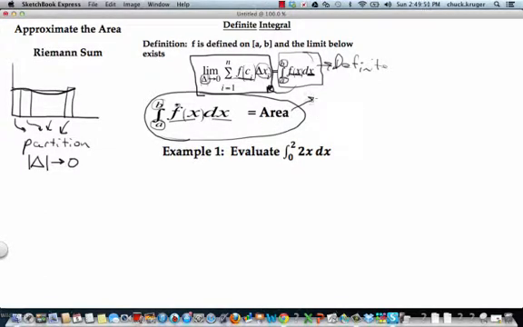And more specifically, this area is what we call net area. It's not total area, because we could have some area that falls below the x-axis. And whatever falls below the x-axis, this area right here, is considered negative.